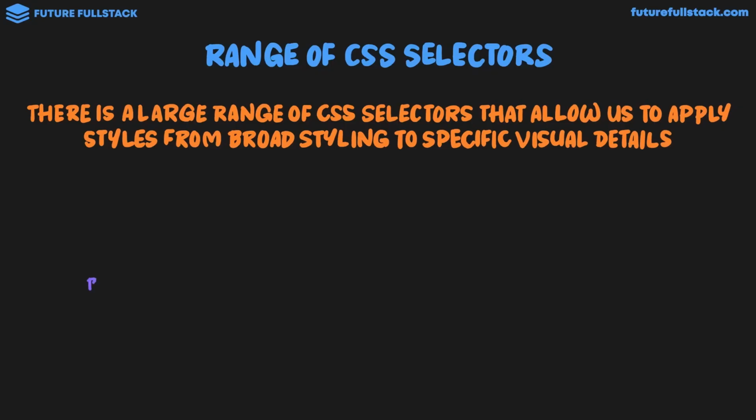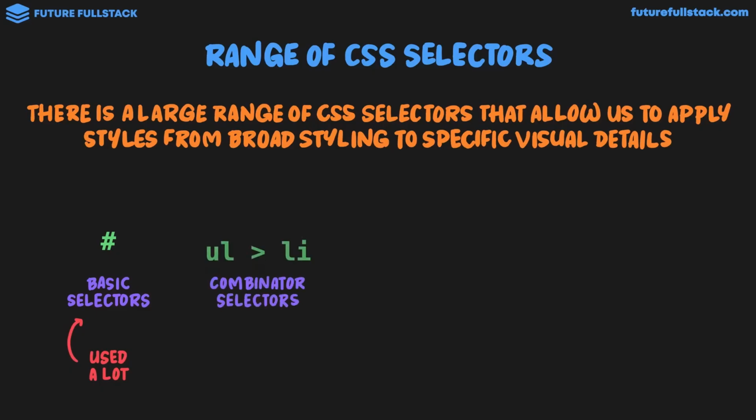The first are basic selectors. These include element selectors and things like IDs and classes, which we'll be talking about soon. Basic selectors are used a lot. They are the most common type of selector used. Next up, we have combinator selectors. This is where the selector is defined by combining 2 different types of selectors. We'll also be looking at this selector later on.